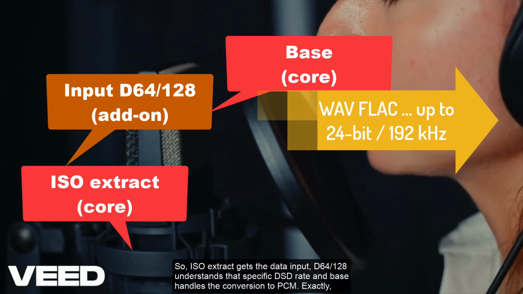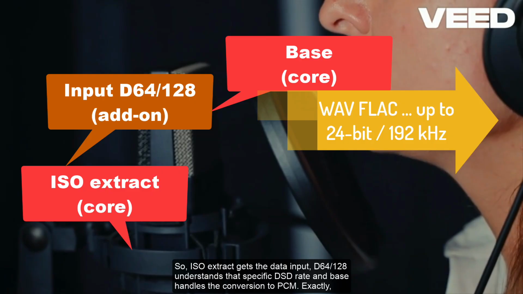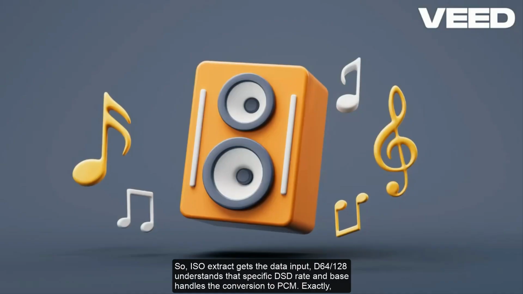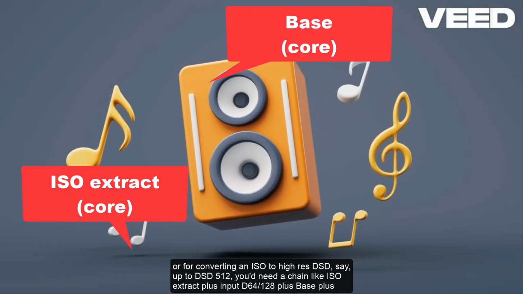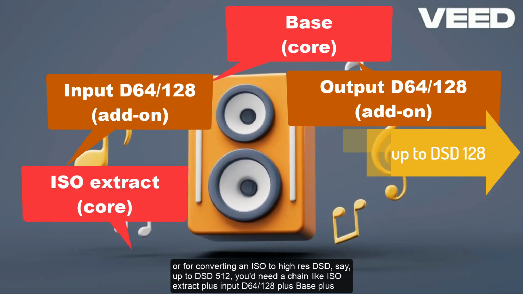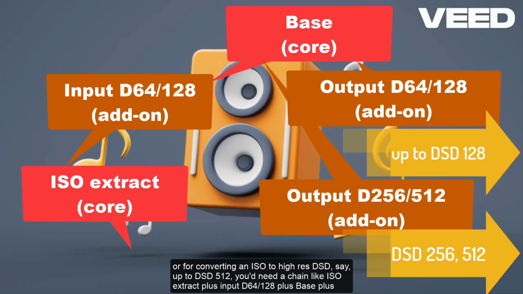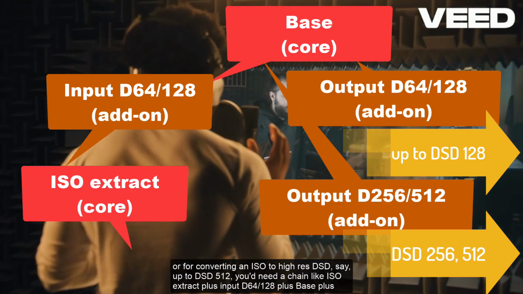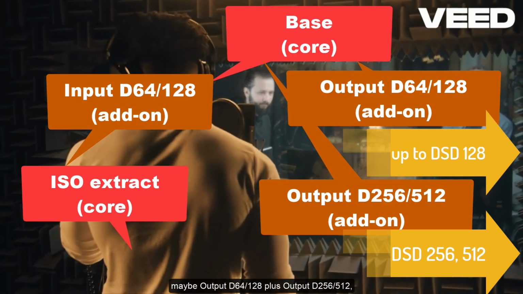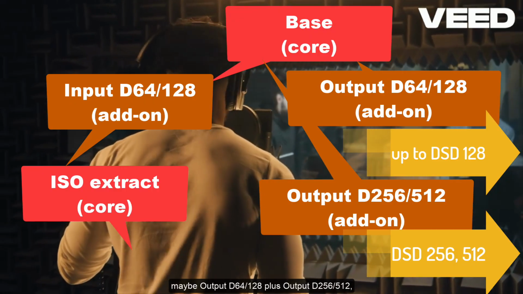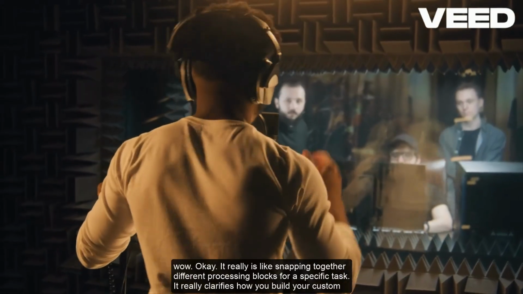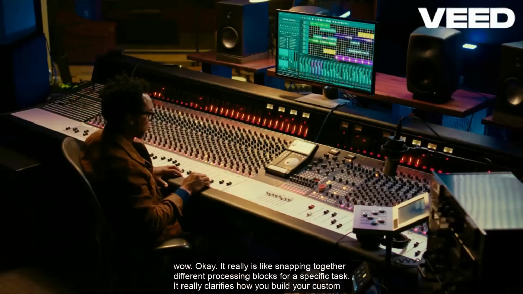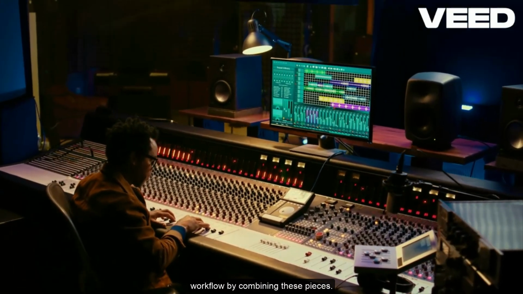So ISO extract gets the data, input DSD64/128 understands that specific DSD rate, and base handles the conversion to PCM. Exactly. Or for converting that ISO to high-res DSD, say up to DSD512, you'd need a chain like ISO extract plus input DSD64/128 plus base plus maybe output DSD64/128 plus output DSD256/512. Wow. Okay. It really is like snapping together different processing blocks for a specific task. It really clarifies how you build your custom workflow by combining these pieces.